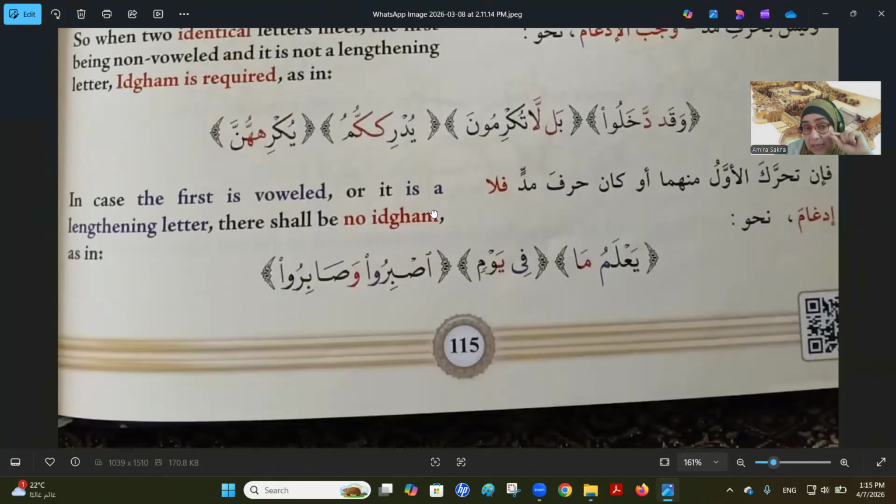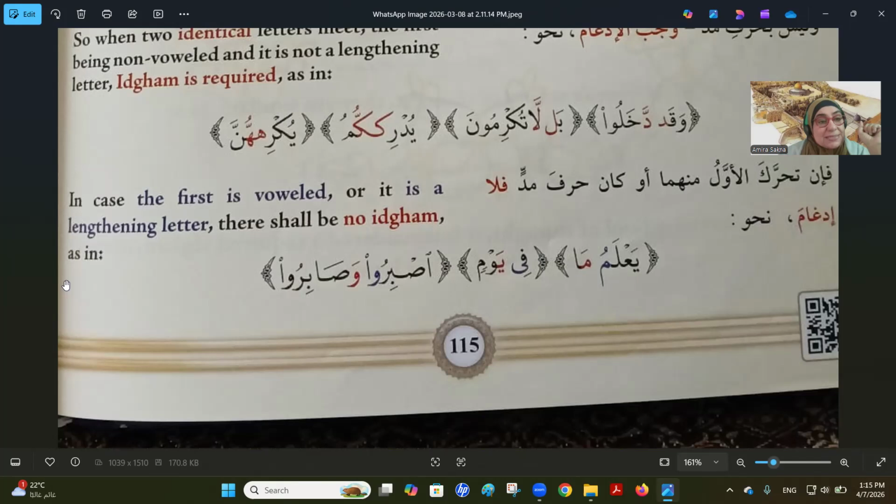If one of those conditions is not available, full merging will not be applied, and you are going to pronounce each letter alone. In case the first is voweled, or it's a lengthening letter, there shall be no idgham, full or not full.